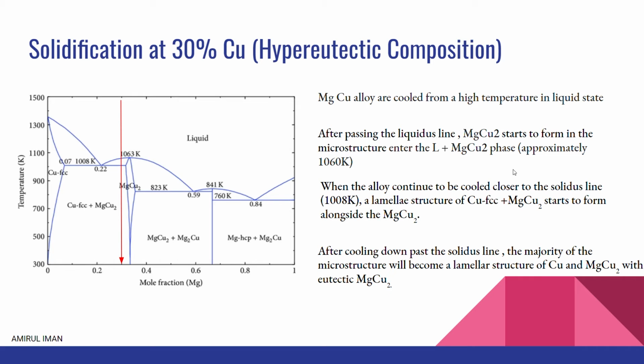Moving on is the solidification at 30% Cu, or we can say a hypereutectic composition. So the first thing is from the phase diagram, we can see that the magnesium copper alloy is cooled down from a high temperature in a liquid state. As it cools down approaching the liquidus line, MgCu2 started to form in the microstructure, around 1060 Kelvin.